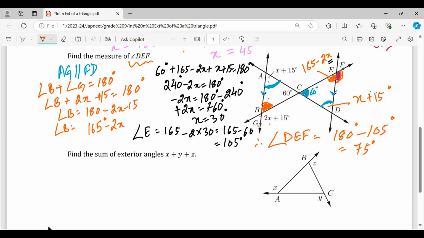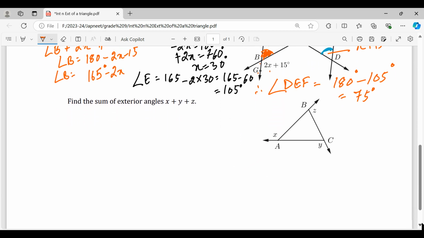So to do all this kind of sums, you must be aware about the parallel lines and the angles formed by the parallel lines and its transversal line, that is corresponding angles, alternate angles, then co-interior angles, right?